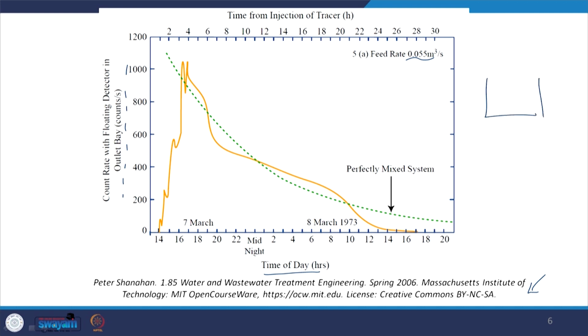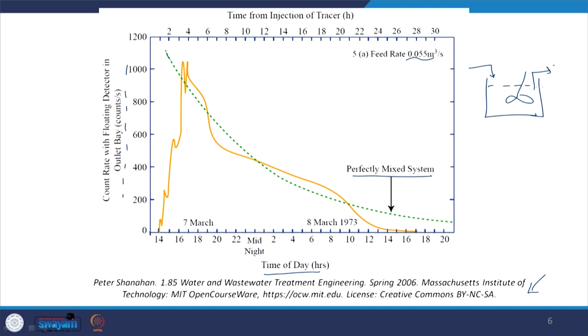So, if it is a completely mixed, ideal system, what should happen? As soon as I put the tracer in, it should be immediately diluted, and that should show up immediately in my outlet. So, that is why we have this theoretical profile of a perfectly mixed or ideal CSTR, let us see, right.